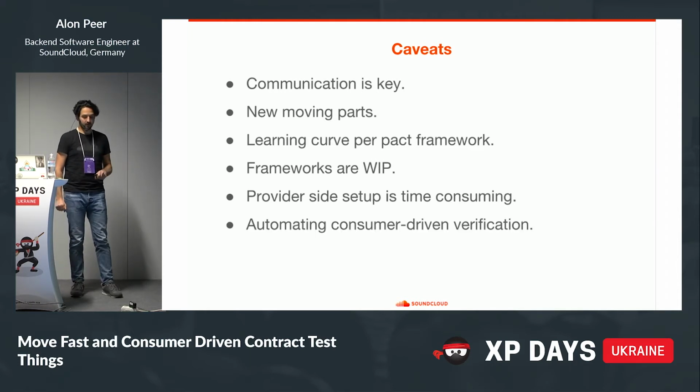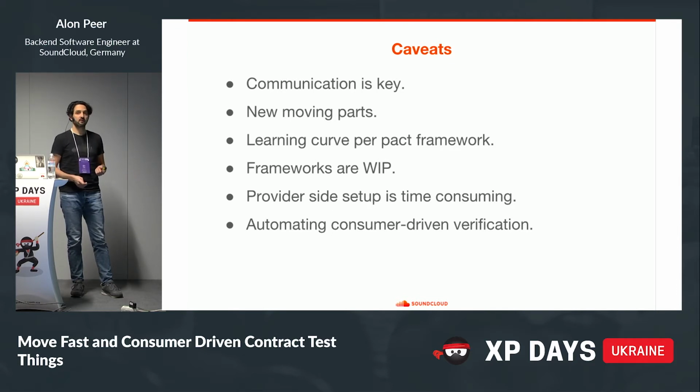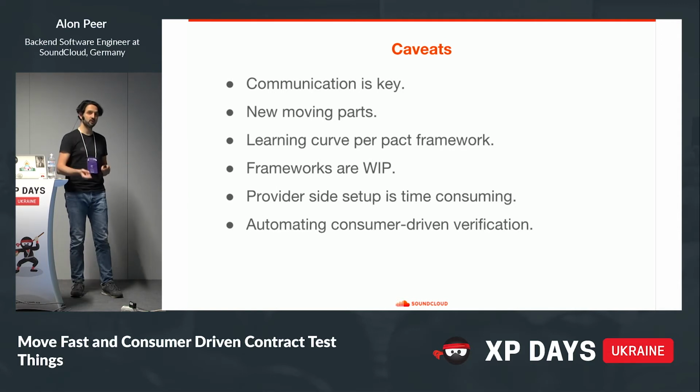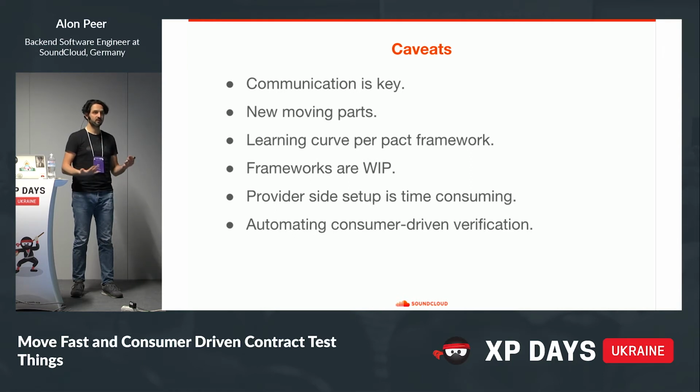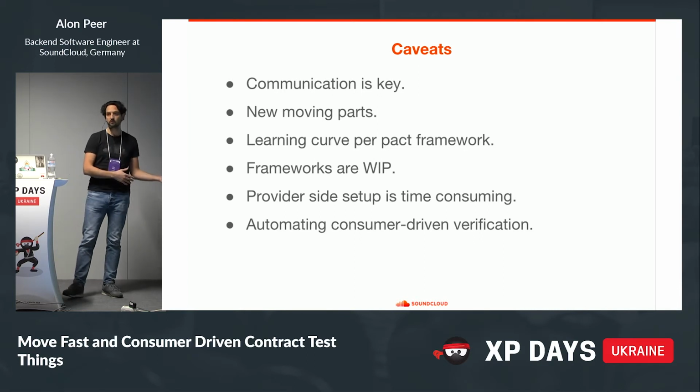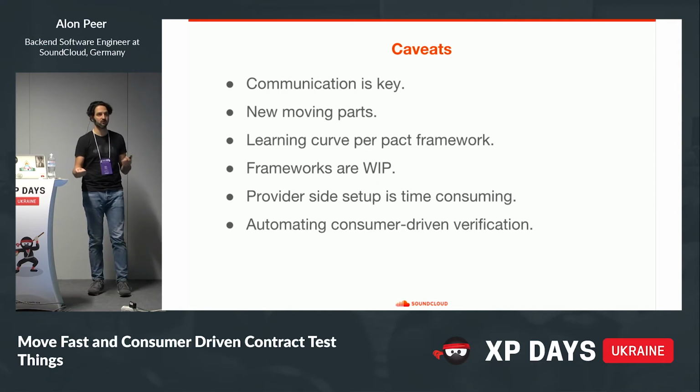There's also the problem of how to automate the consumer-driven verification. Let's say that there is some agreement between the two teams to make a change to an existing API, but each team works through their backlog at a different pace. Maybe the consumer team will finish their change, adapting to that new API, quicker than the provider, and they need to know if they can go to production or not.